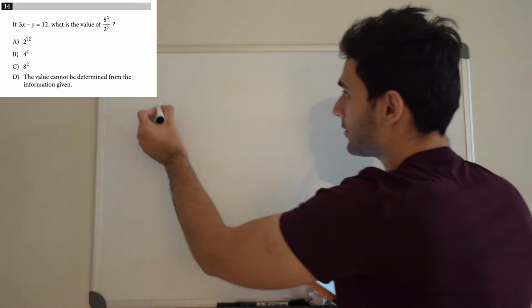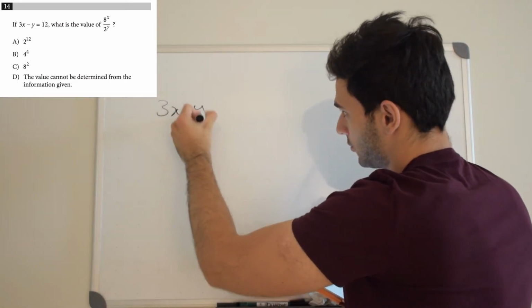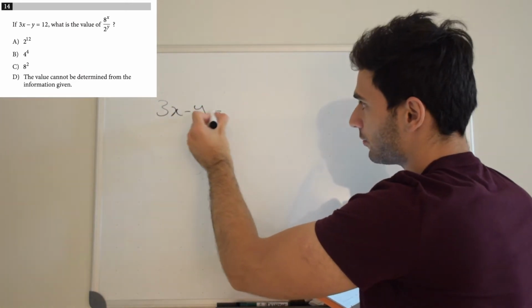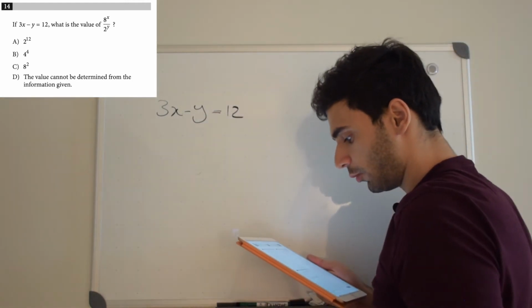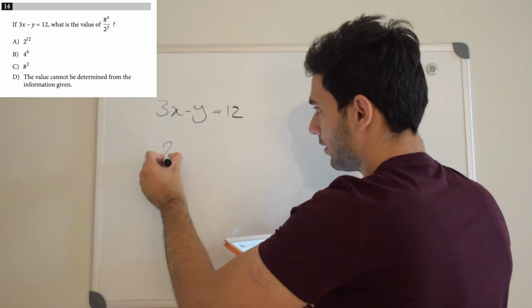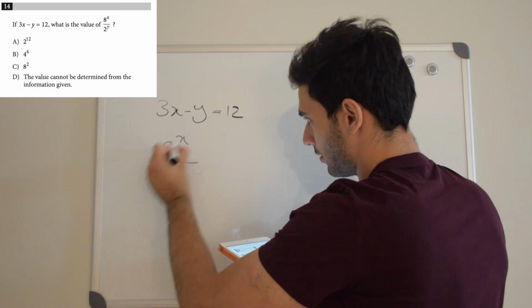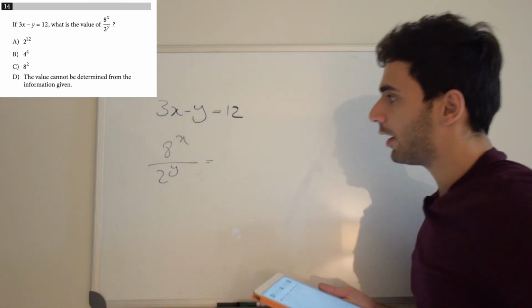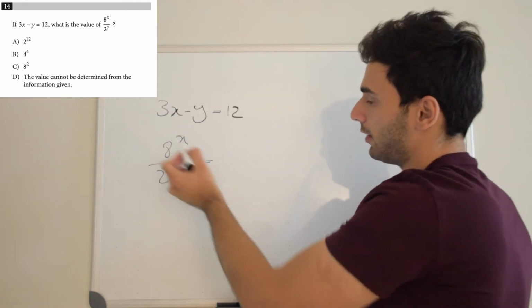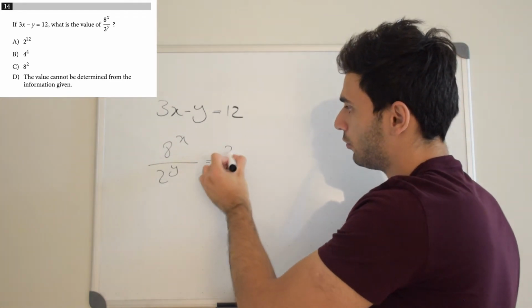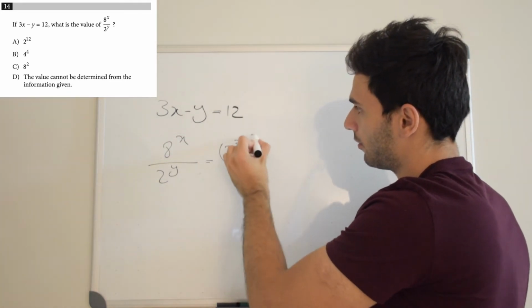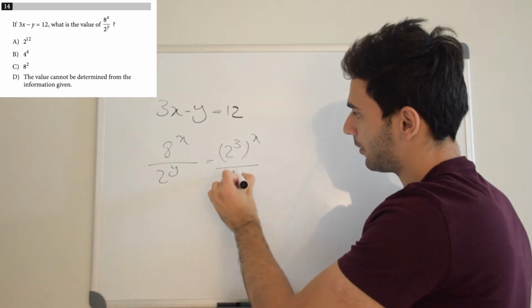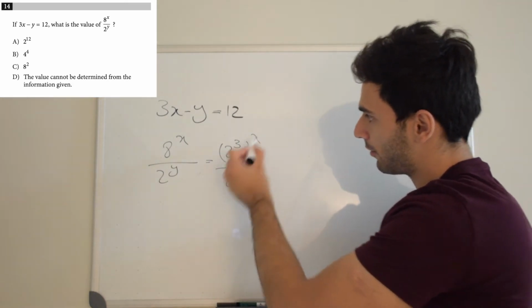If 3x minus y equals 12, what is the value of 8 power x over 2 power y? So how can I write 8? 8 can be 2 power 3, right? So (2 power 3) power x over 2 power y.